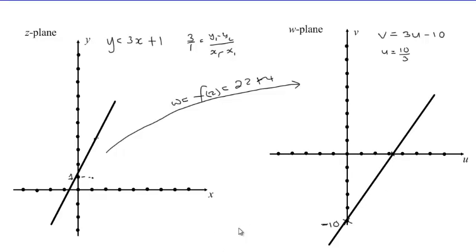As you can see, this line was going through the first, second and third quadrants, and on this side we've got the line going through the first, fourth and third quadrants as the image of that line on the z plane.